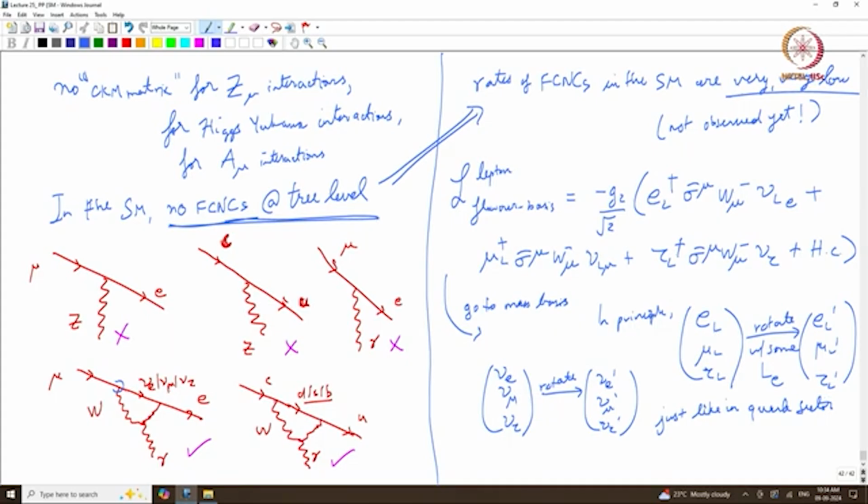But actually in practice, I am not going to do this. Nobody really does this. The reason is that in the quark sector, the quark interactions are harder to measure than the charged leptons. What are the charged leptons? The E, the mu and the tau.